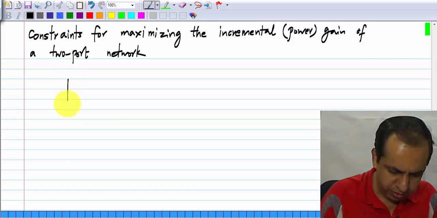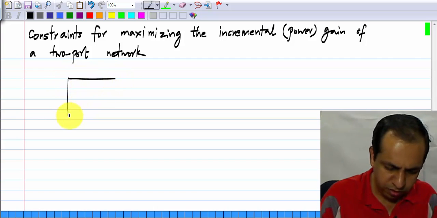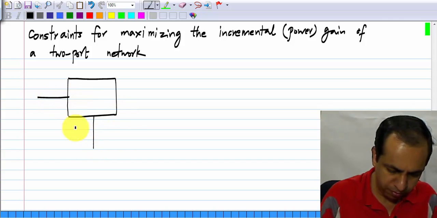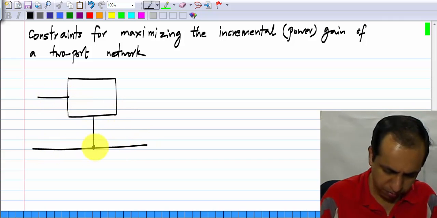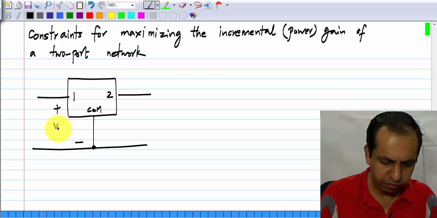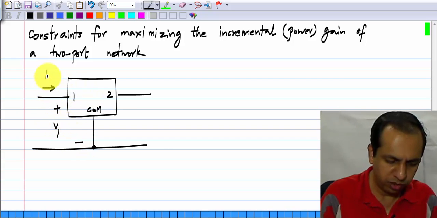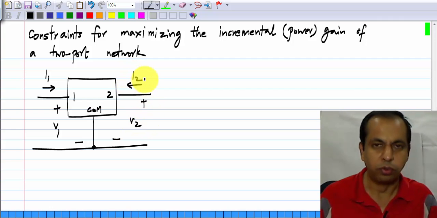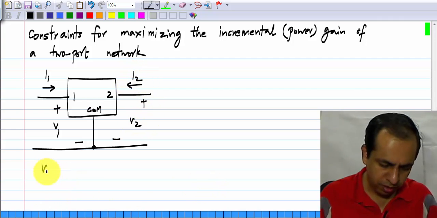Let's assume that we have a 3-terminal nonlinear two-port for simplicity. And we have the port 1 voltage and port 1 current, port 2 voltage and port 2 current.